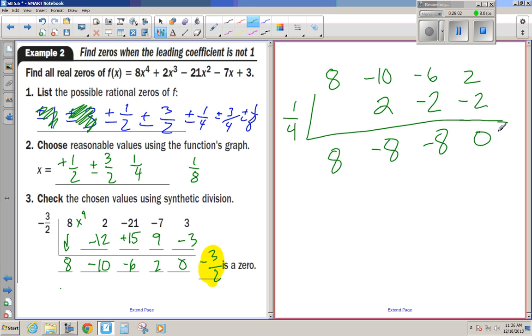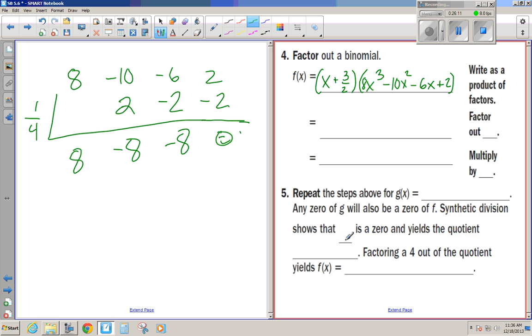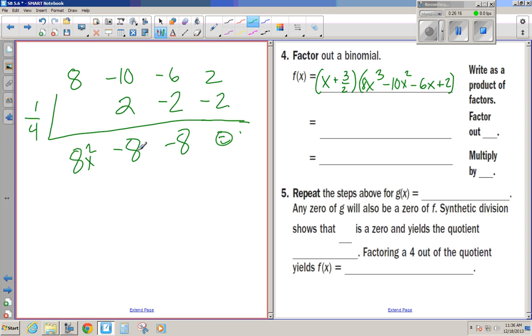That makes me very, very happy. Whenever I see that 0 in there, I get happy. So now I have that 1/4 is also a 0. And now I have the equation 8x squared minus 8x minus 8. And I can do this a bunch of ways as well.